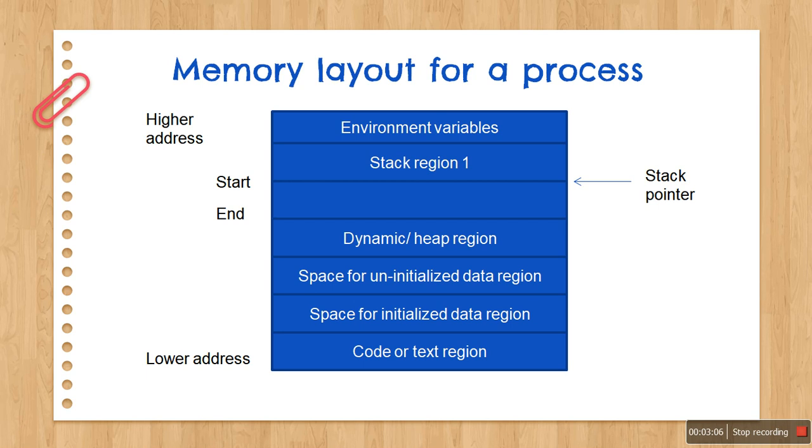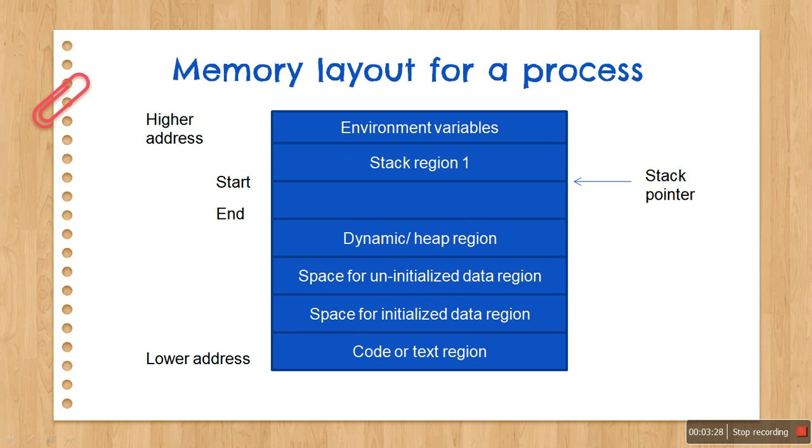So let us see what the memory layout for a process is, like how it resides in memory. Each process has its own address space. The address space is divided into different regions. You have the text region, then the data region, and the stack region.